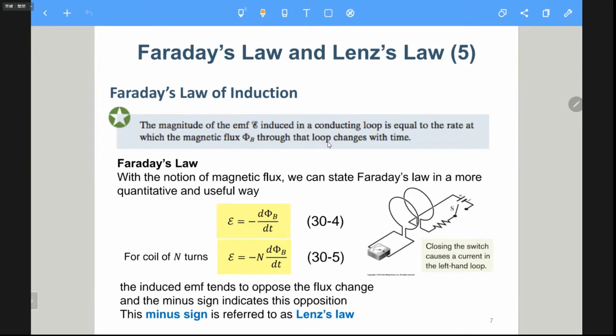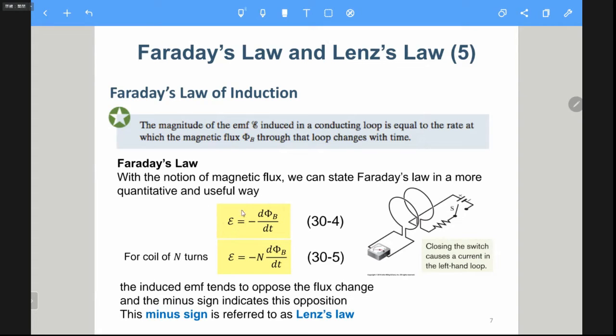And Faraday tells you that this current is actually related to the rate of change of the magnetic flux. So here is the statement of Faraday's law with the notation of magnetic flux, in a more quantitative and useful way.